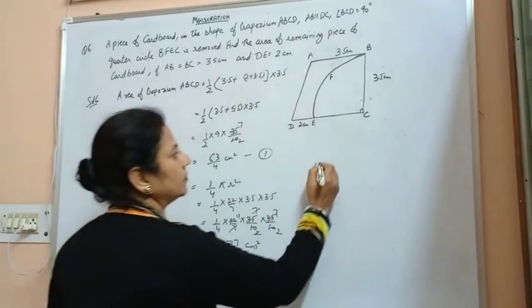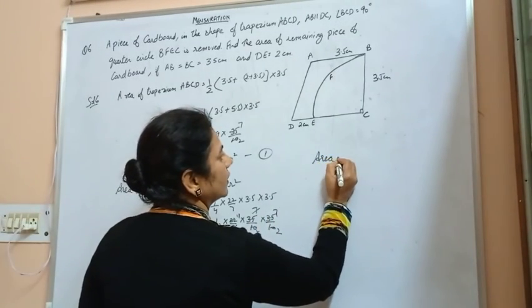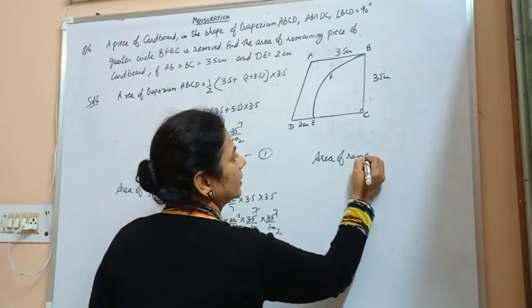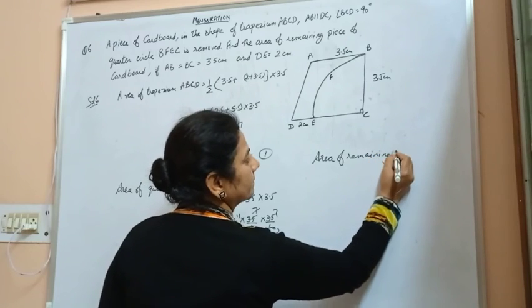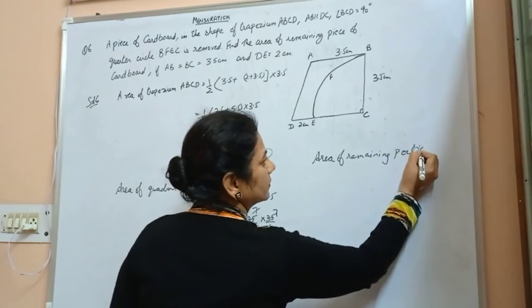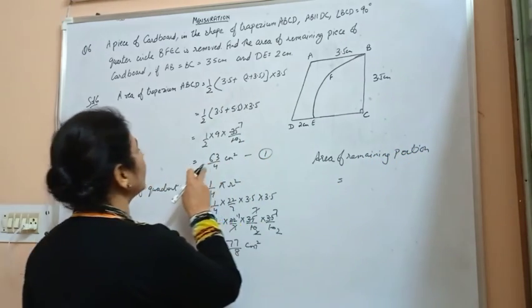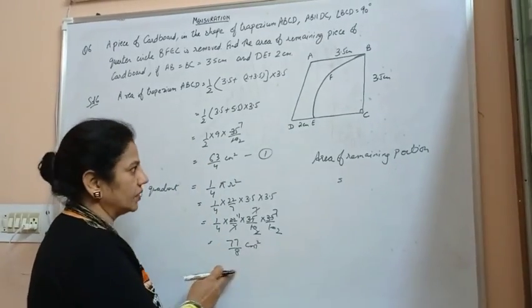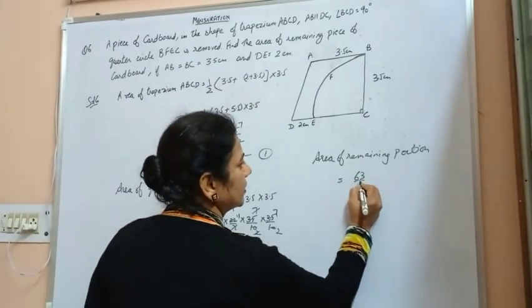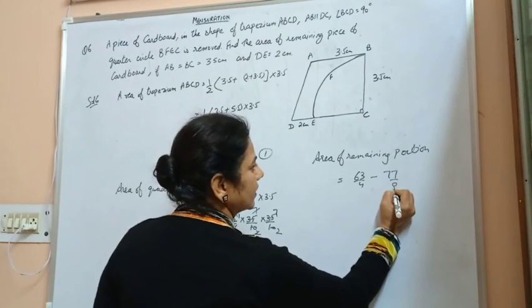So area of remaining portion is area of trapezium minus area of quadrant. That means 63 by 4 minus 77 by 8.